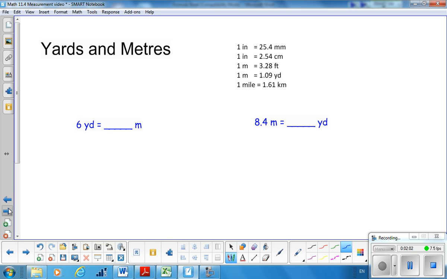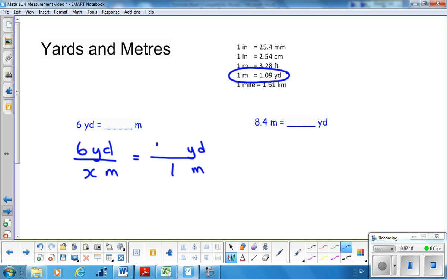We are changing from yards to meters. Here's our conversion factor. So 6 yards, and I want to know how many meters that is going to be. Yards are on the top, meters on the bottom. So 1 meter is 1.09 yards.